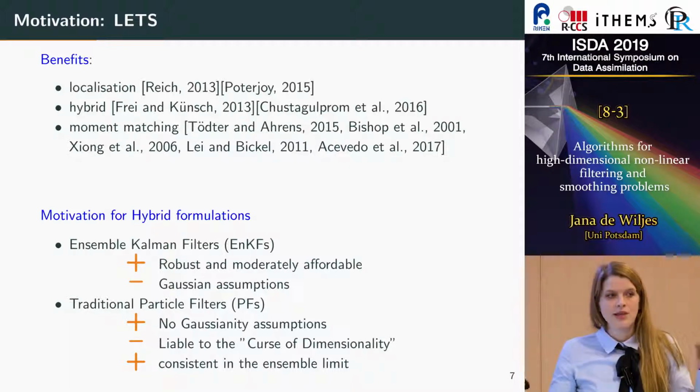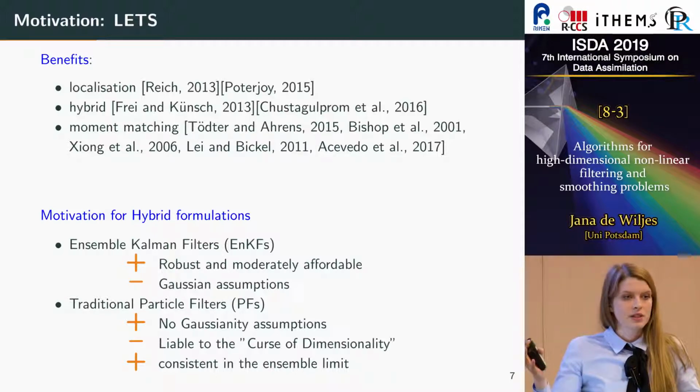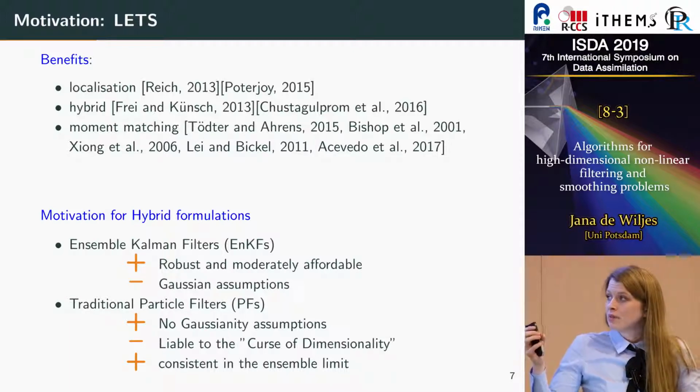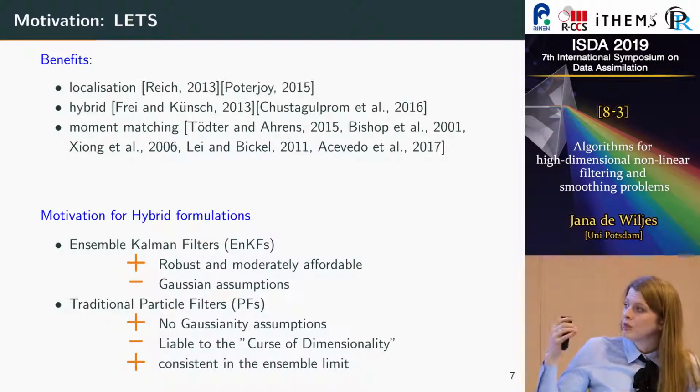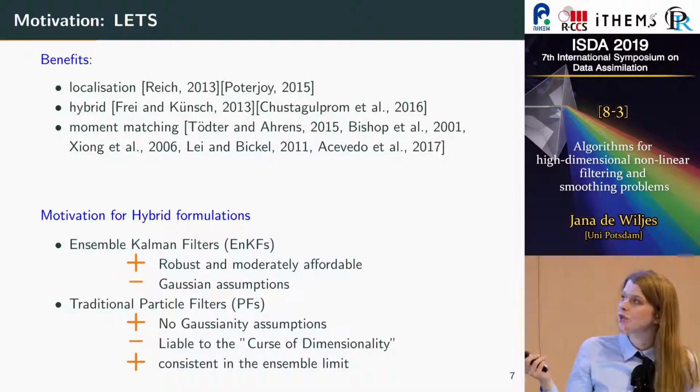And by hybrid, in this case, I actually mean having a combination of a particle filter in the sense that it's consistent, and having something that has, for example, Gaussian assumptions and might not end up with a correct posterior density, but is somehow more stable and robust. So I want to have a mixture of those. This is what I mean by hybrid.